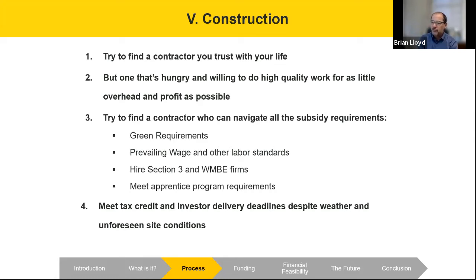And then, of course, the contractor will also have to comply with sustainability requirements, prevailing wage requirements, things like Section 3 and WIMBY hiring goals. And on top of that, we have to meet timeline requirements set by your tax credit investors so that the project is complete on time and the tax credits are delivered on time.